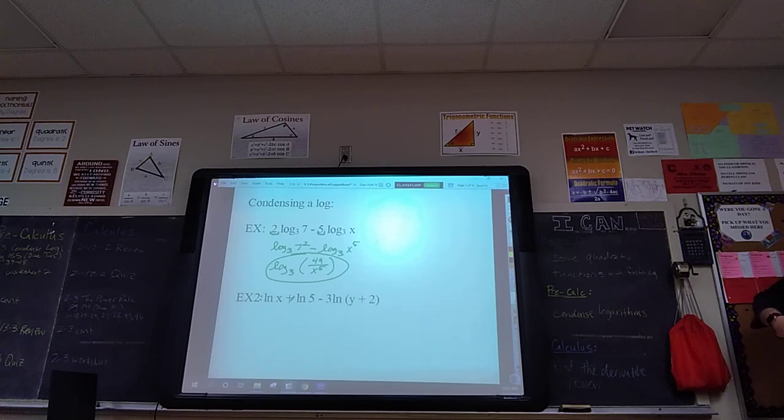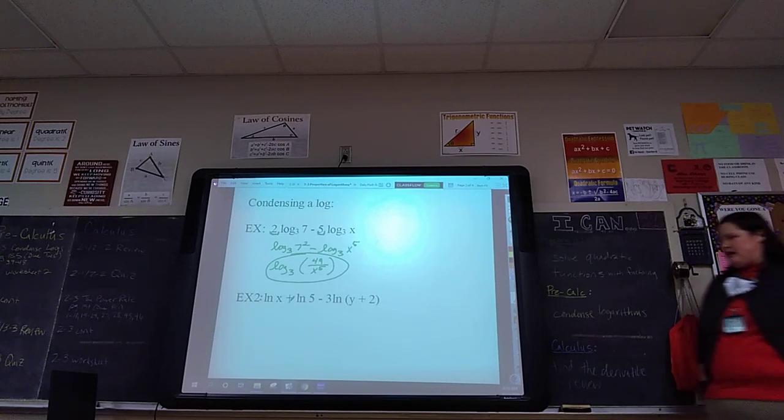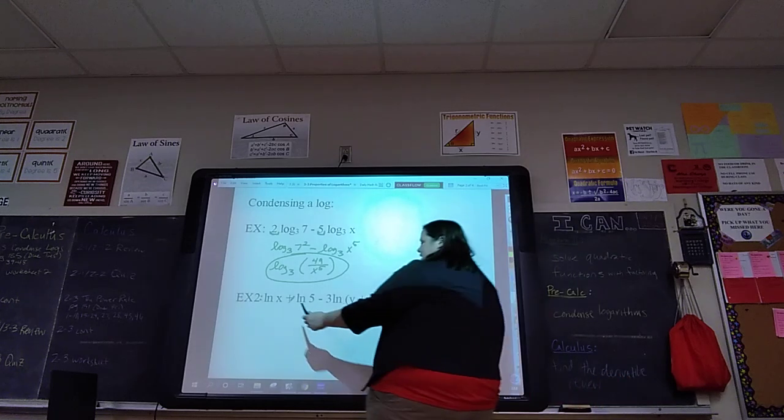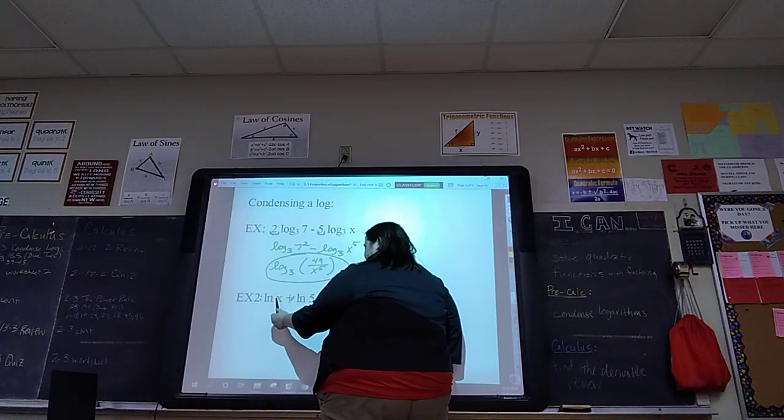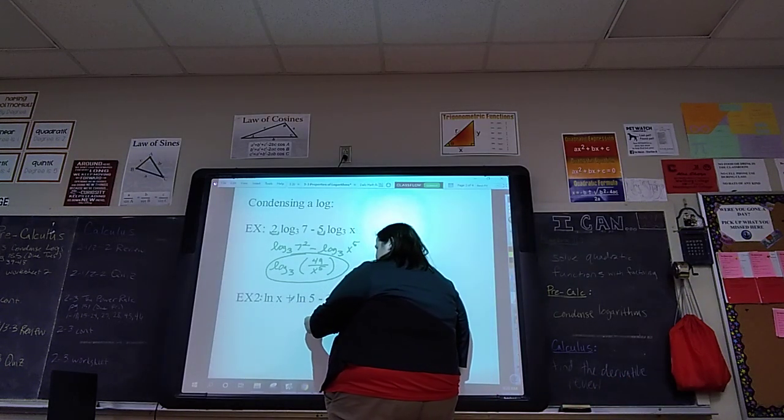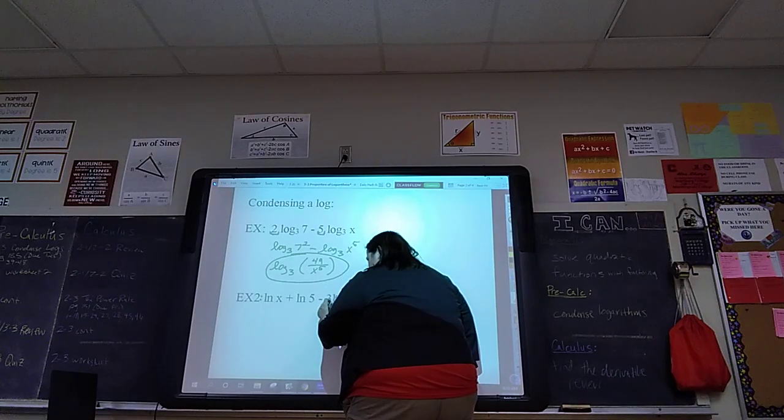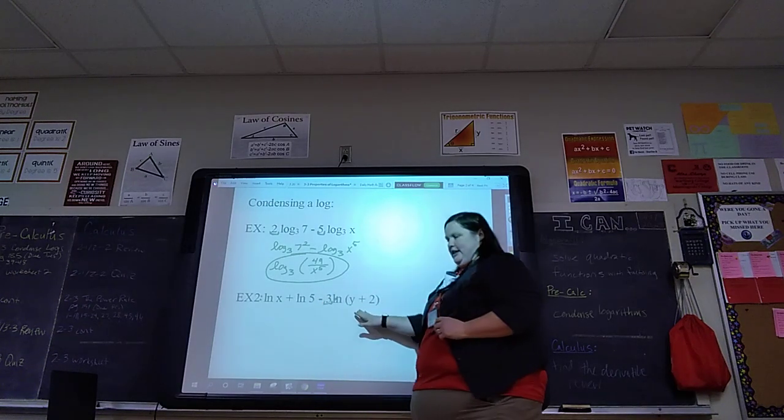So, when we condense, where are we going to start? Yep, the beginning power. So this ln doesn't have any number in front of it, so I don't have to worry about an exponent there, but this 3, that's going to become an exponent of the thing that's behind it.